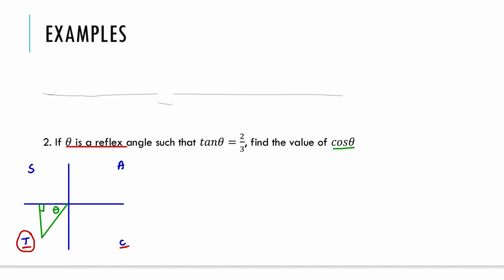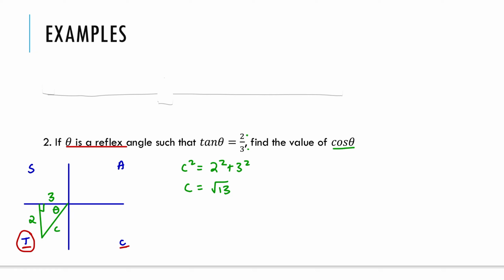Now here I've got opposite over adjacent. To find what my C value is, I'm going to use my second step, which is Pythagoras: 4 plus 9, so the square root of 13.